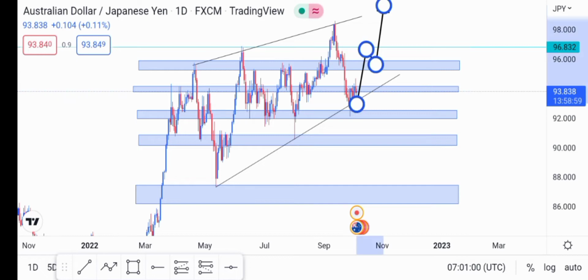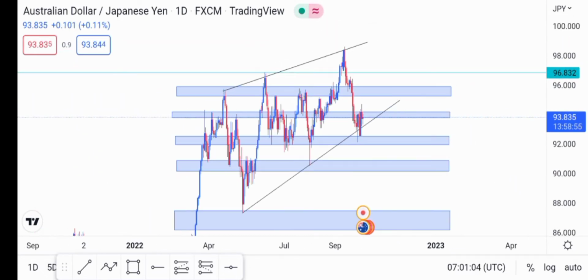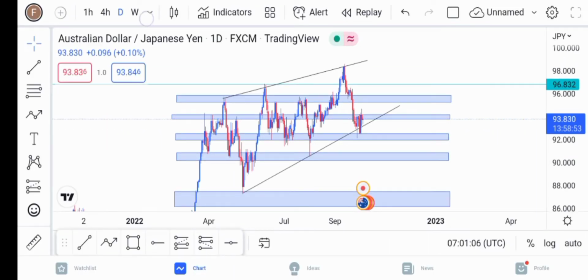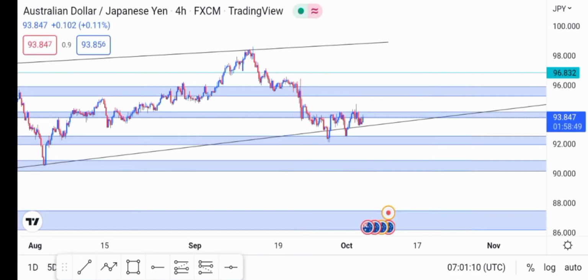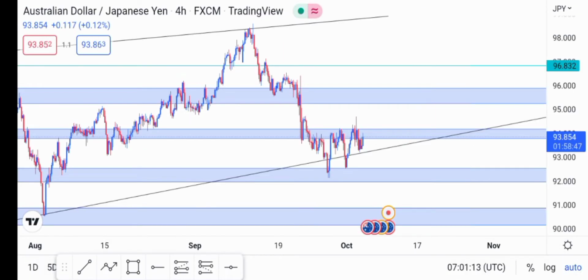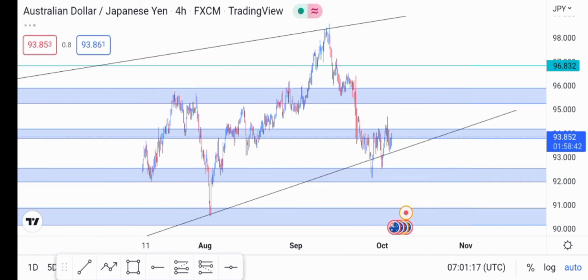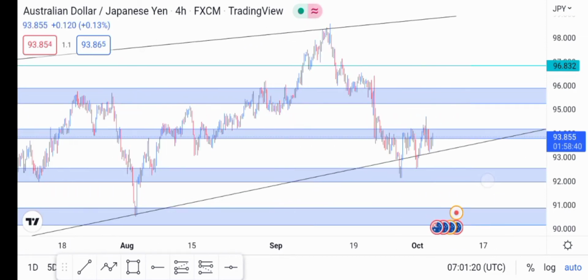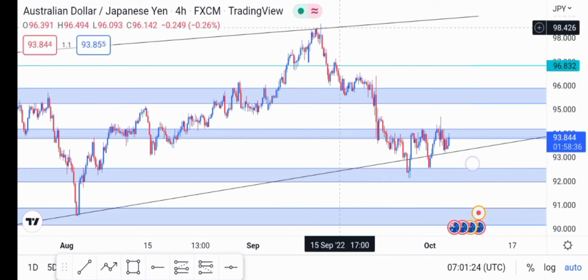Let us move to the 4-hour time frame to see what's really going on. Okay, so we are on the 4-hour time frame. As you can see, the market has been riding to the lower side from this point right over here.